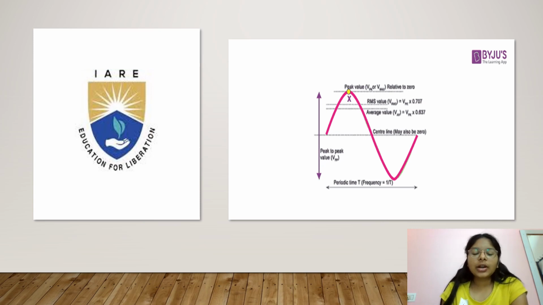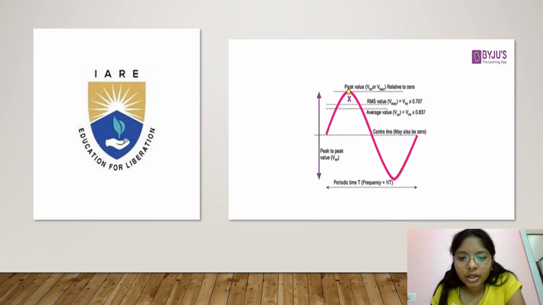So here we have a graph. It shows the periodic time, peak to peak value, RMS value, average value, and the central line may also be 0. Frequency is equal to 1 by T. So I hope you understood this graph.